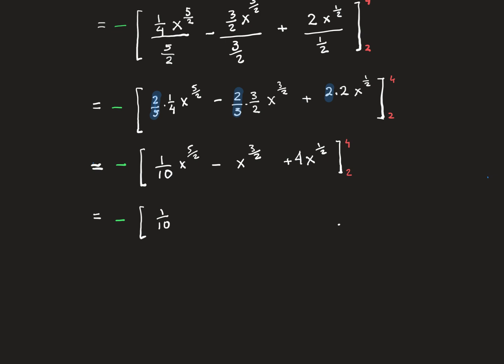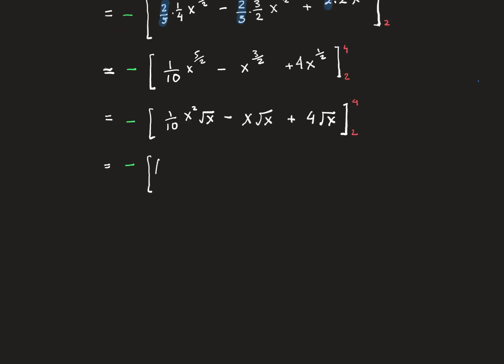So I rearranged the x to the power of 5 on 2 as x squared root x. And the x to the power of 3 on 2 will just become x root x. And finally, we'll just have 4 root x.